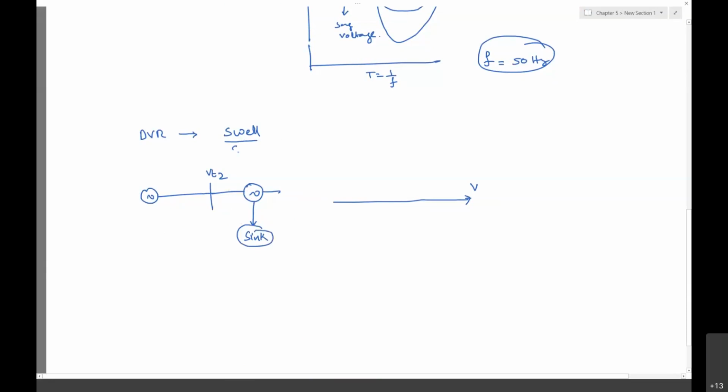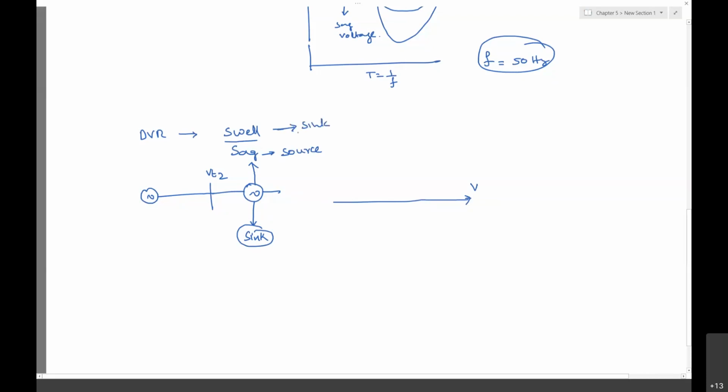Whereas during the sag condition, the series compensator is acting as a source. Source in the sense that it is injecting power to the grid. Whereas in a swell condition, it is acting as a sink.